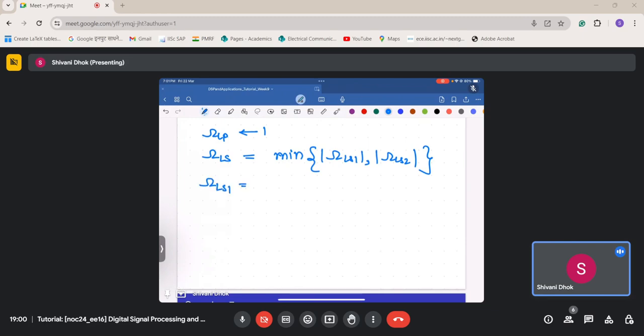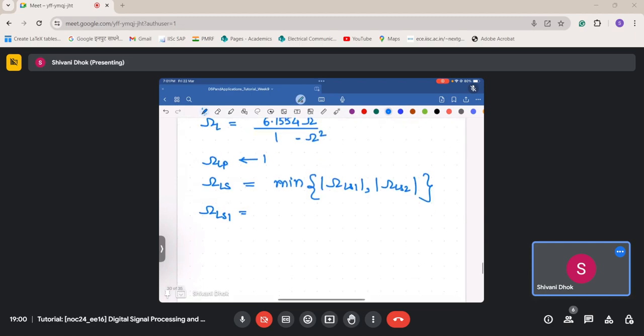So this omega LS1 will be 6.1554 into omega S1 upon 1 minus omega S1 square. This comes out to be 6.1554 into 0.7265 divided by 1 minus 0.7265 square, and this comes out to be equal to 9.4661.